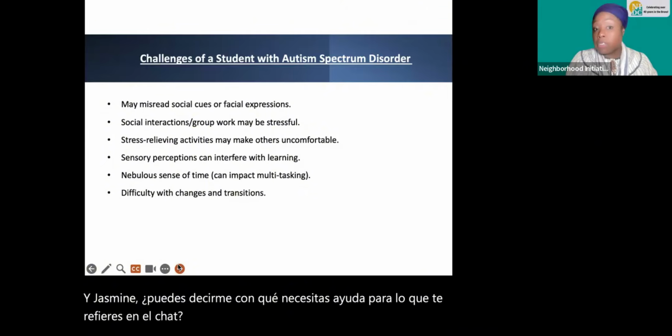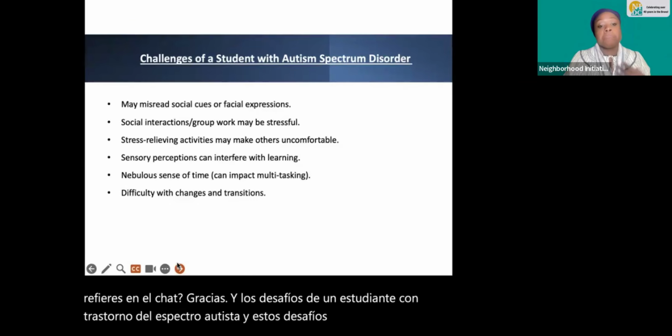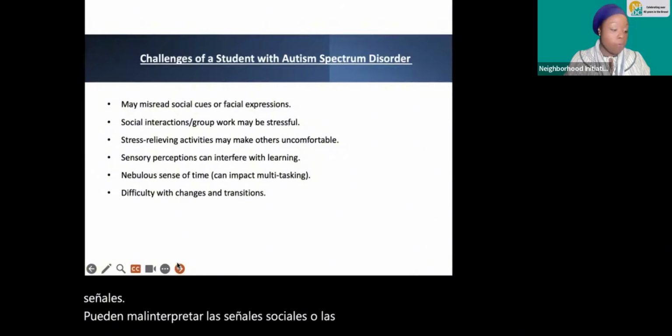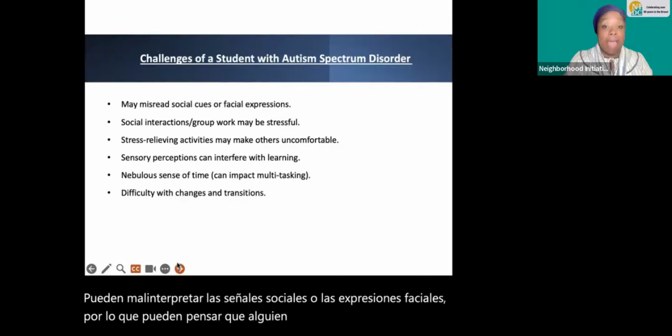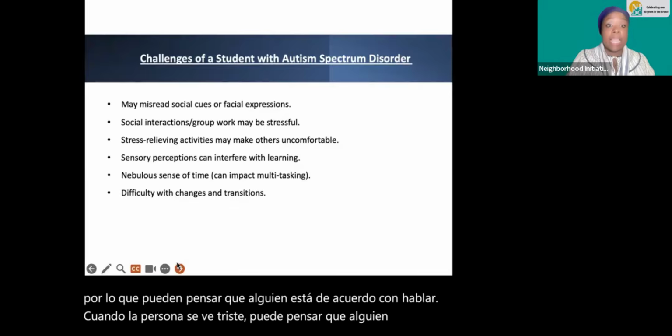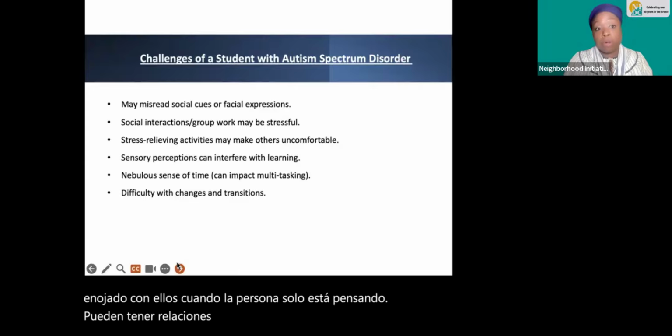And challenges of a student with autism spectrum disorder, and these challenges could also be seen as signs. They may misread social cues or facial expressions. So they may think someone is okay with talking when the person looks sad. They may think someone is mad at them when the person is just thinking. They may have stressful social interactions or stress with group work.